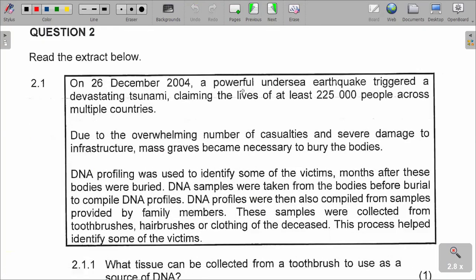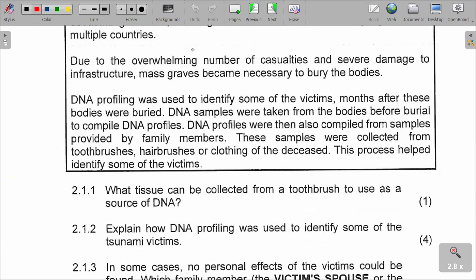We've got question 2.1, which is showing that the undersea earthquake triggered a devastating tsunami, claiming the lives of at least 225,000 people across multiple countries, due to the overwhelming number of casualties and severe damage to infrastructure. Mass graves became necessary to bury these bodies. DNA profiling was used to identify some of the victims.